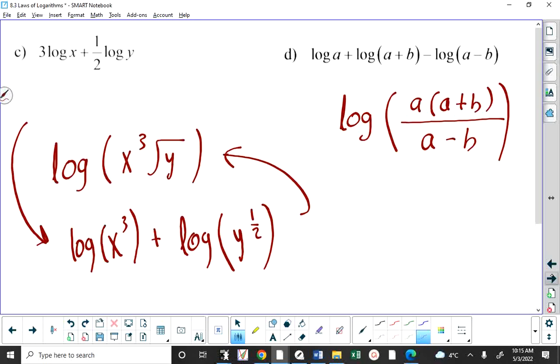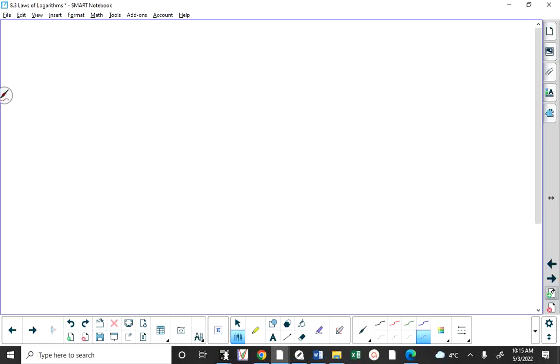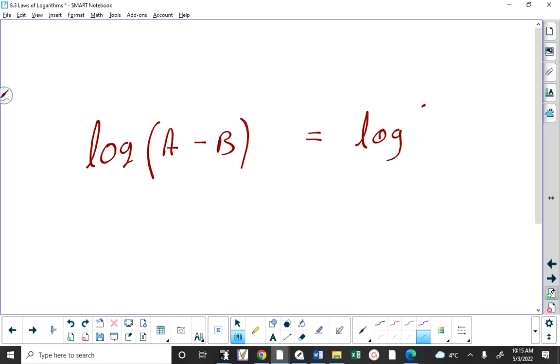Finally, I'm going to end this by saying that there's a huge, huge mistake that can be made with this kind of stuff. I'll do this one first. If you have something like that, it's to say, oh, that's equal to log of a minus b.